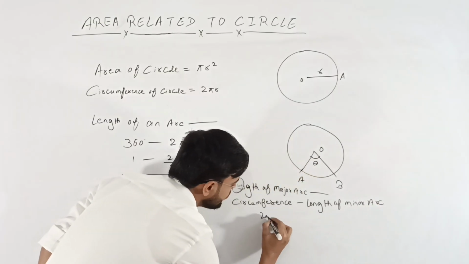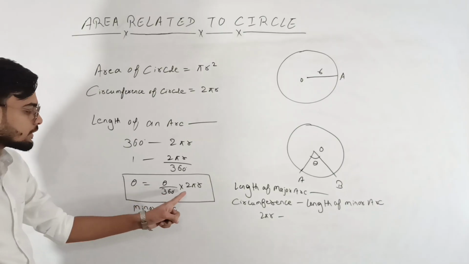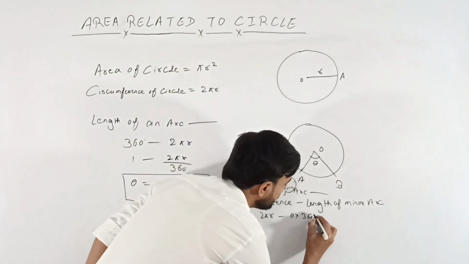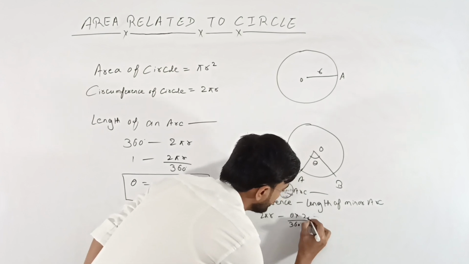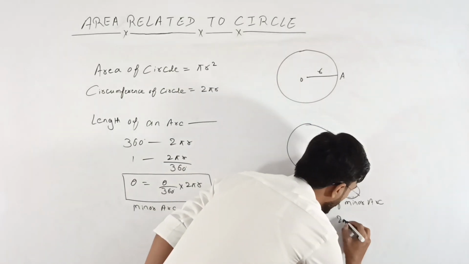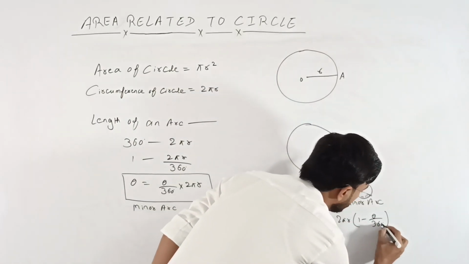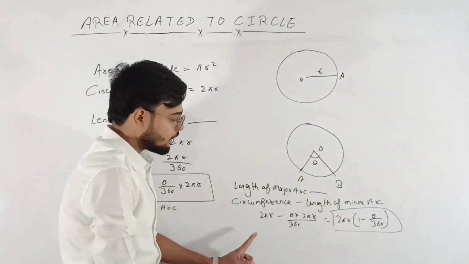Circumference is 2 pi r minus the length of minor arc, which is theta upon 360 degree into 2 pi r. So from here 2 pi r is common, then what are we left with? 1 minus theta upon 360 degree. This is the length of the major arc.